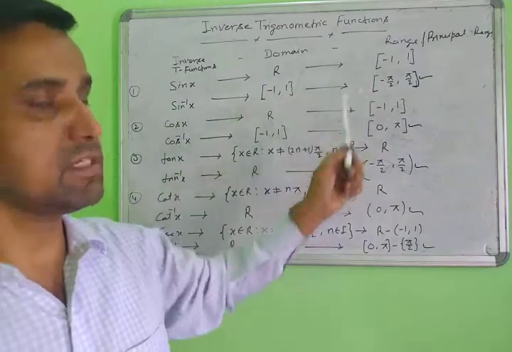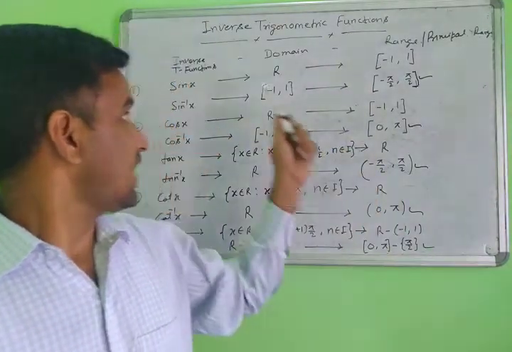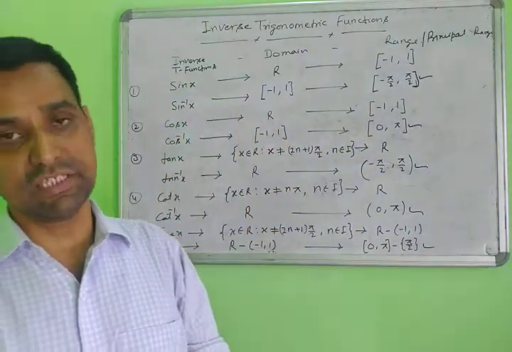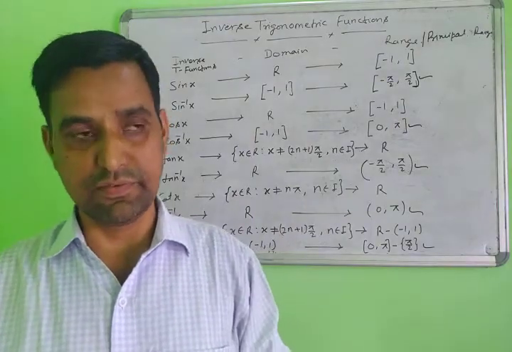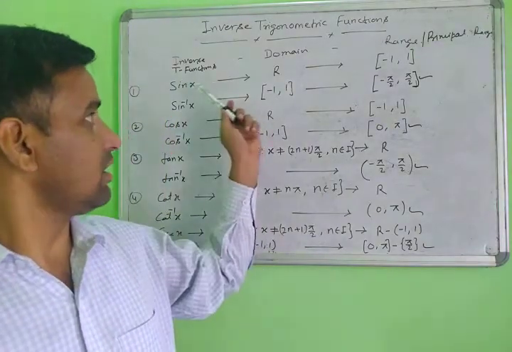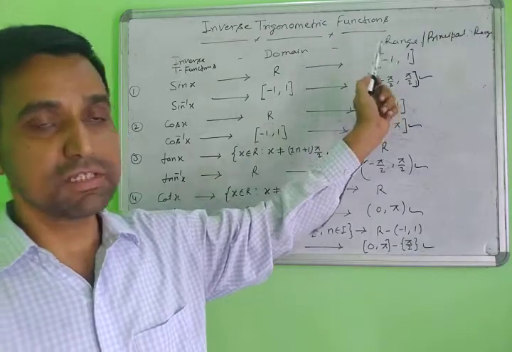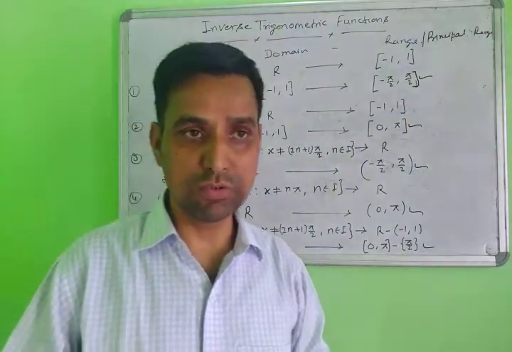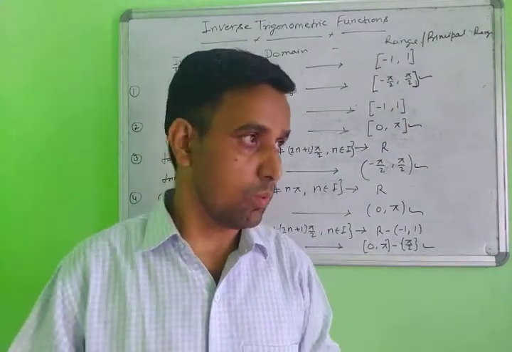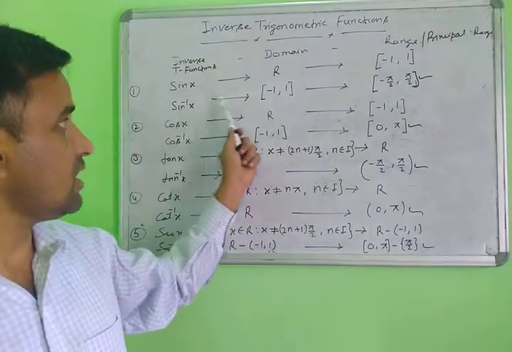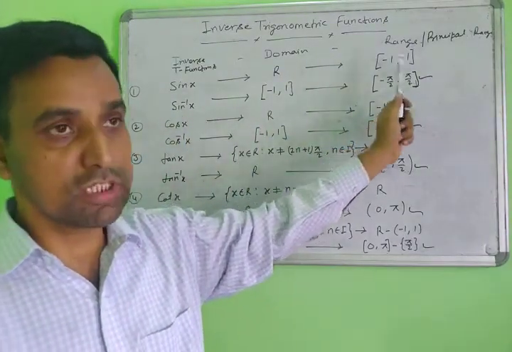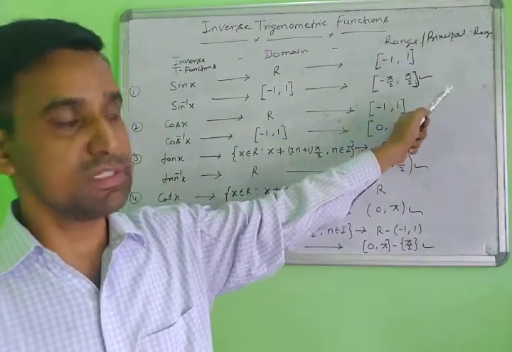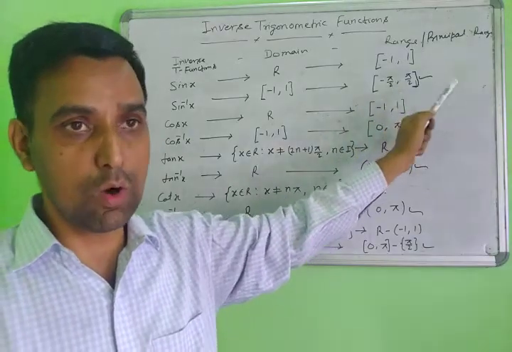So what is the difference between these? Sin x is not bijective. Bijective means it does not follow the rules of one-one and onto. But sin inverse follows these rules; it is one-one and onto.